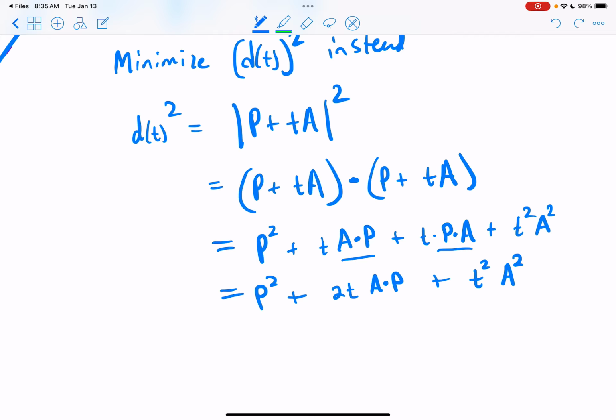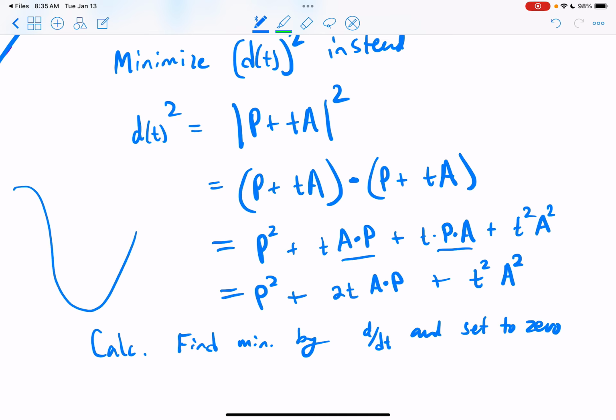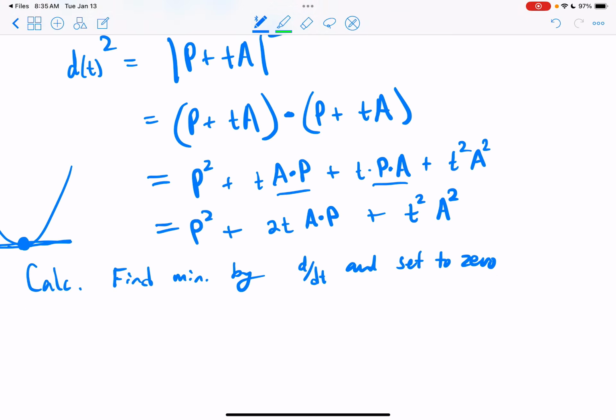And how do I minimize something? Remember, in calculus, find the minimum by taking the derivative, d dt, and set to 0. Why is that? Because the minimum is going to be at one of the points where the derivative is 0. It could be a maximum too, but in this case it'll be a minimum.